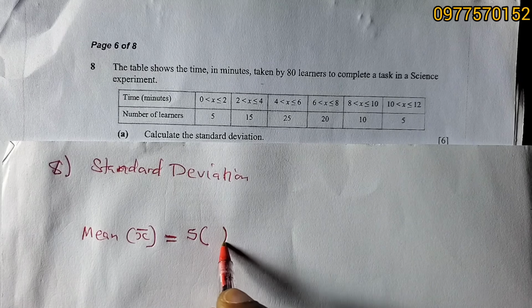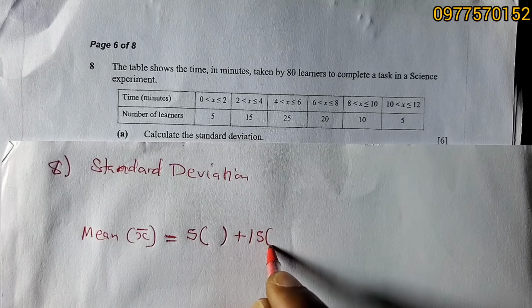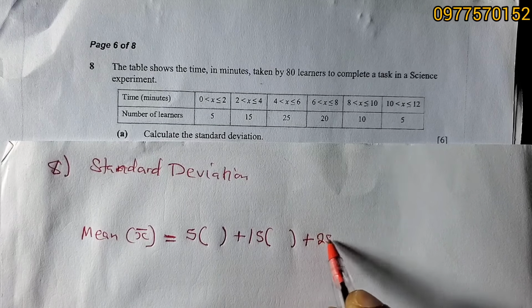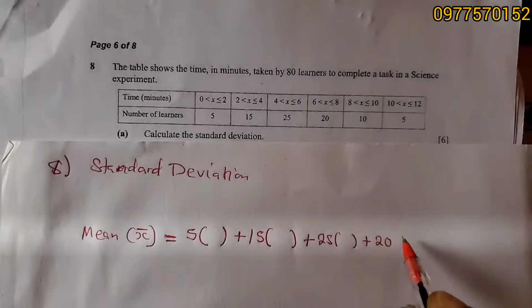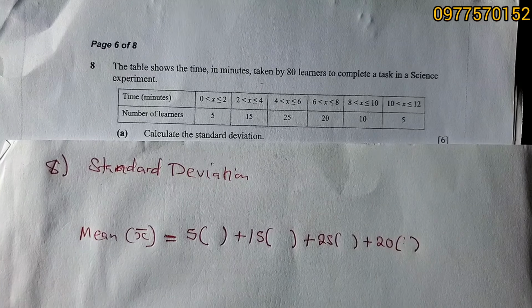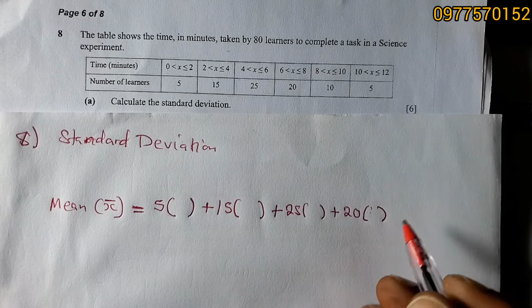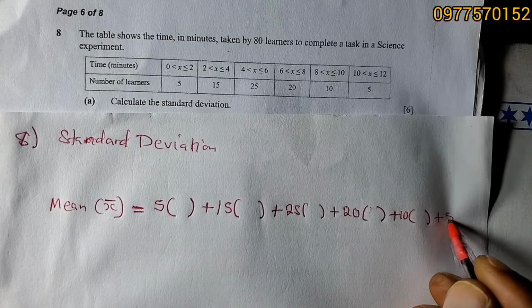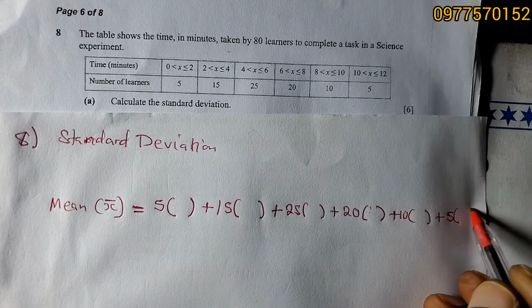Let me show you like this. Open bracket, 5 times the midpoint, plus 15 times the midpoint, plus 25 times the midpoint, plus 20 times the midpoint, plus 10 times the midpoint, plus 5 times the midpoint.